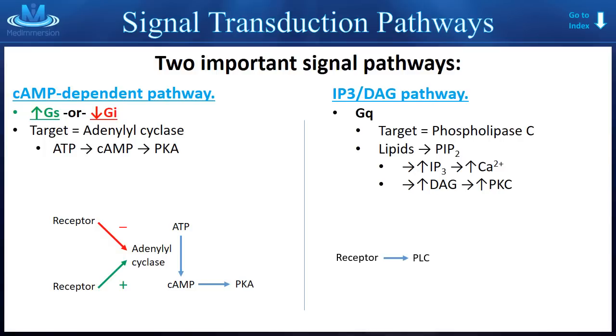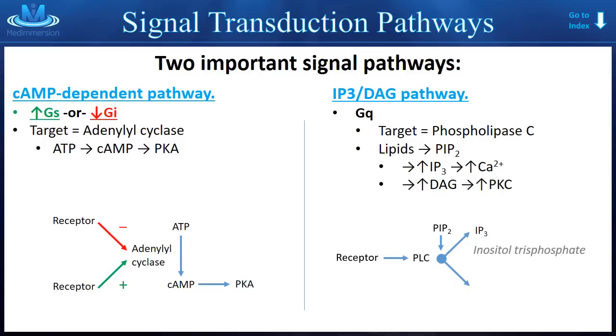Well, it is bound to the cell membrane, and it actually uses parts of the cell membrane to make its second messengers. So it takes some of those molecules, called PIP2, or phosphatidylinositol 4,5-bisphosphate, and it breaks that molecule down into two parts. The first part is IP3, inositol 1,4,5-triphosphate.